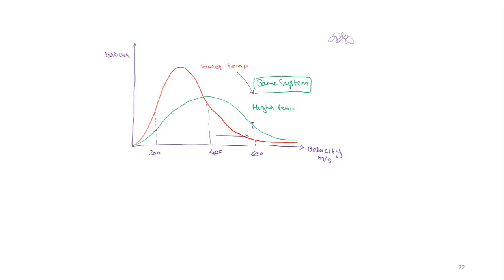Okay, but at high temperature, you will have more molecules with high velocities, right? At higher temperature you have more molecules with higher velocities. This much number of molecules has somehow increased.